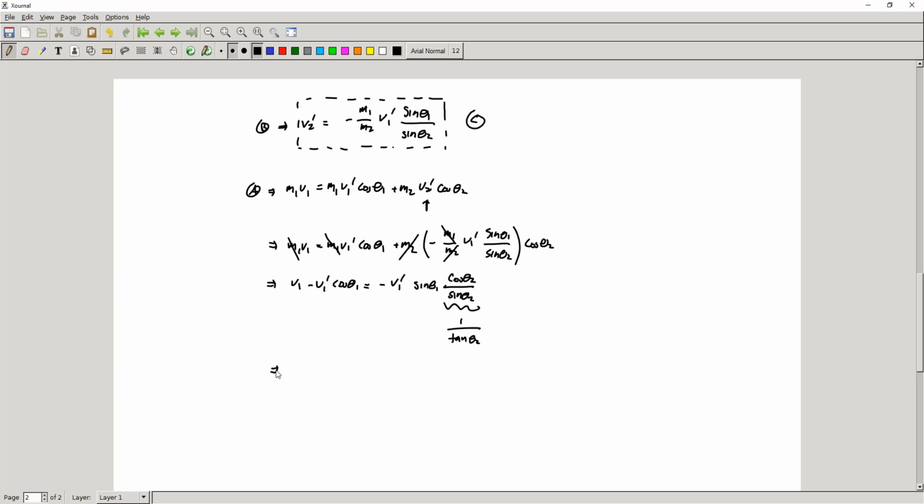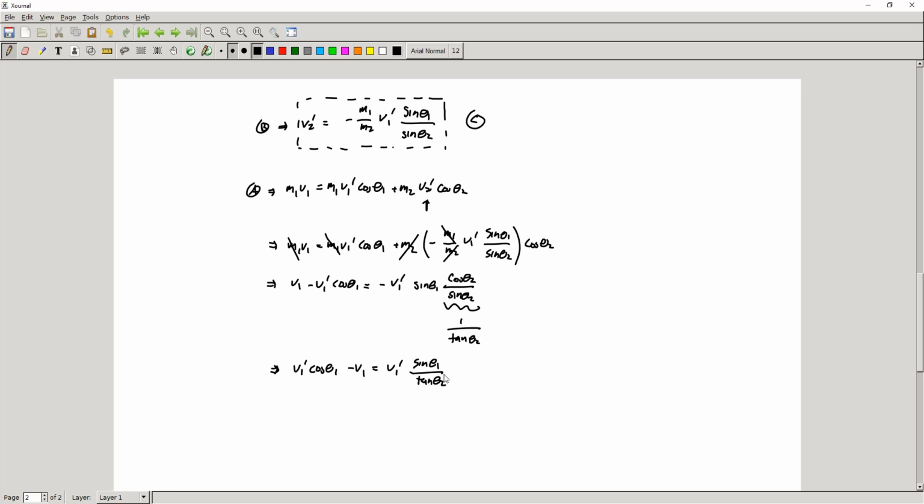So we'll rewrite that again with our multiplication by minus 1. We'll have v1 prime cos theta 1 minus v1 equals v1 prime sine theta 1 over tan theta 2. Okay? And now we're getting close.